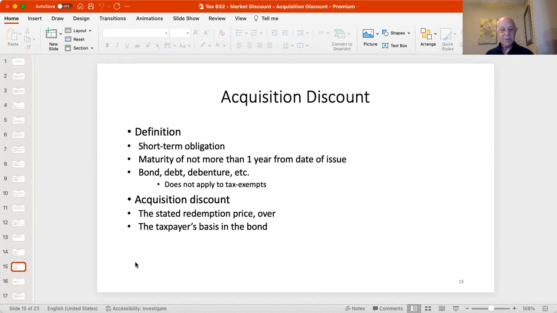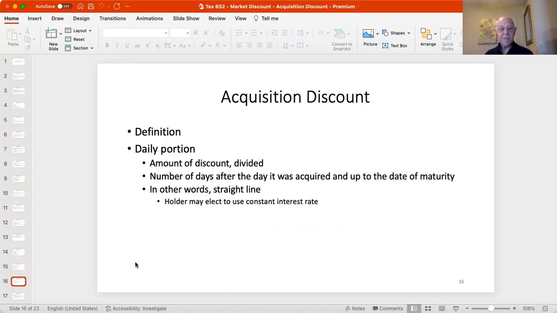So what are these rules? And again, it's the same stated redemption price over the taxpayer's basis. It's all of these short-term debts. And the daily portion is not the way we do the daily portion for OID. It's the number of days after the date was acquired up to the date of maturity, which means you use straight line.